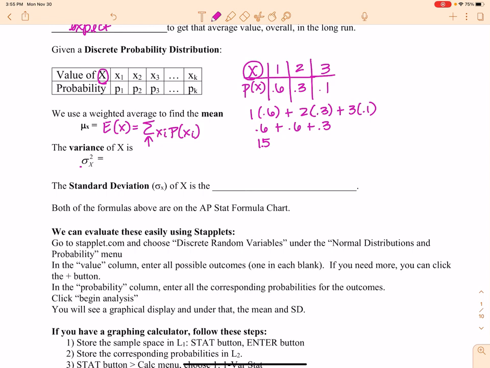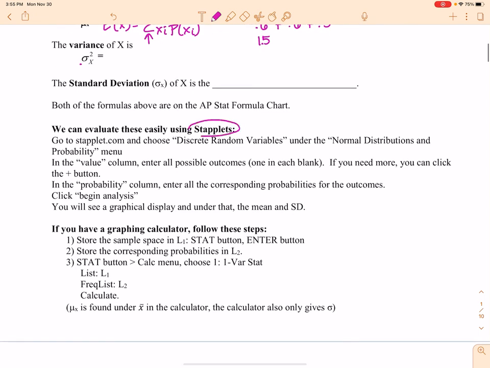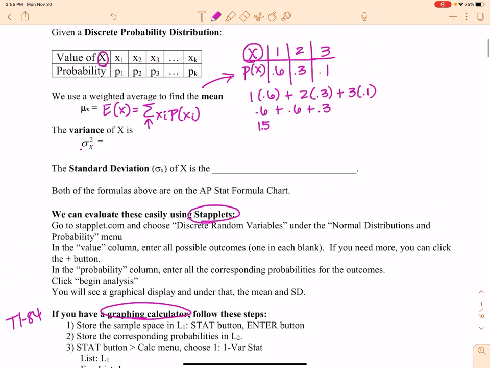You can find the weighted average by hand, or you can follow my directions down here to use StatPlet or a graphing calculator. These instructions are for a TI-84. The TI-83 is a little different, but it should in general help you figure it out.